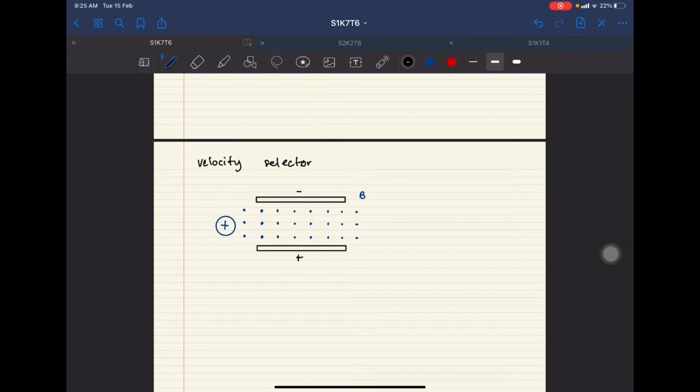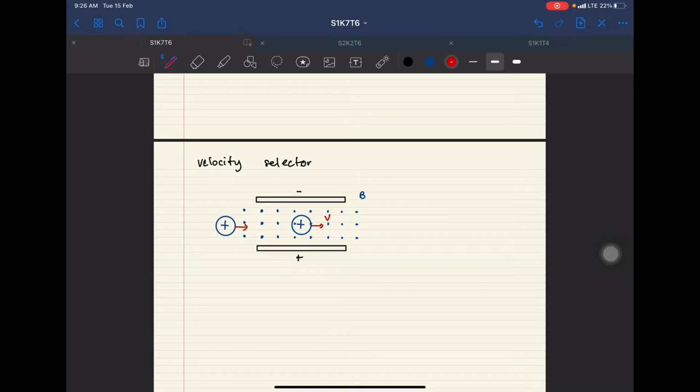How does it work? Normally if you have a charge that is moving into a magnetic field, it will start to experience a force. That is what we call magnetic force. In this example, let's say my charge is sitting in the middle there, and I have a positive charge, and the direction of velocity initially is to the right.